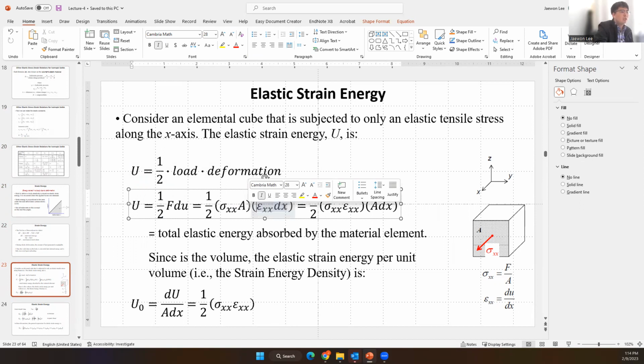The load is calculated by the stress multiplied by the area, and deformation could be expressed by the strain, just focusing on the x direction, dx. So we derive these relations: one half stress, strain, area, dx. This is the total elastic energy.